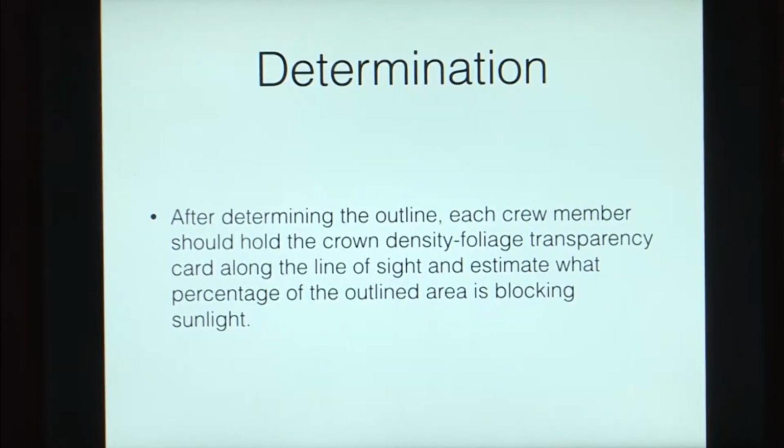Next, after determining the outline, each crew member, so basically this activity will be done by more than one person, each person in the group should hold the crown density foliage transparency card along the line of sight and estimate what percentage of the outline area is blocking the sunlight.